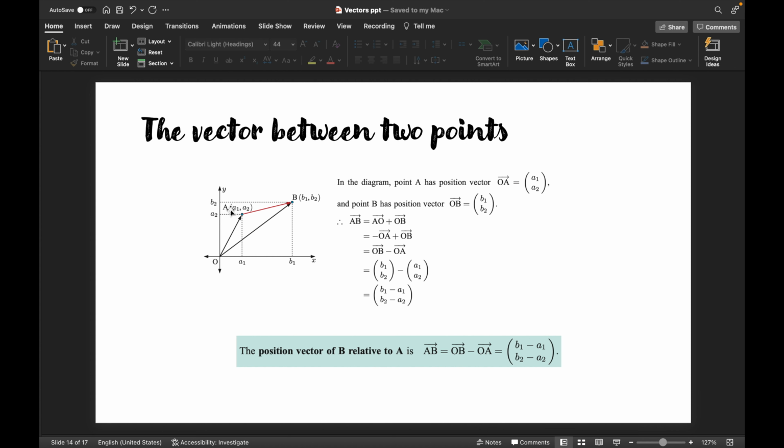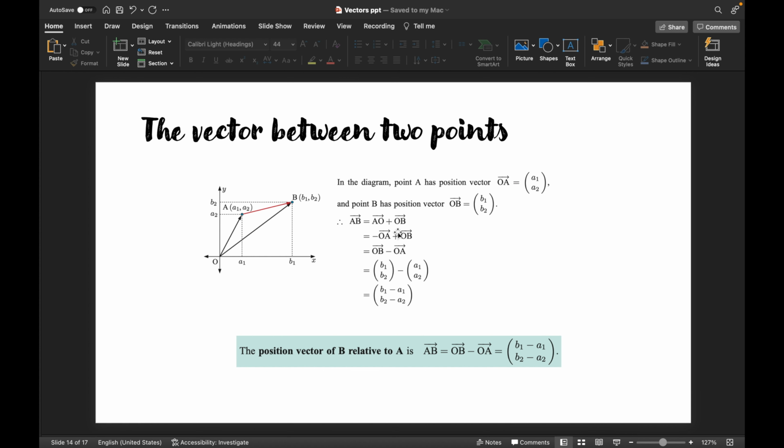So if you want to go from A to B, we have to go here and then follow this path. So that's basically what we're doing. We trace our way from A to O. That's going to be AO plus OB.